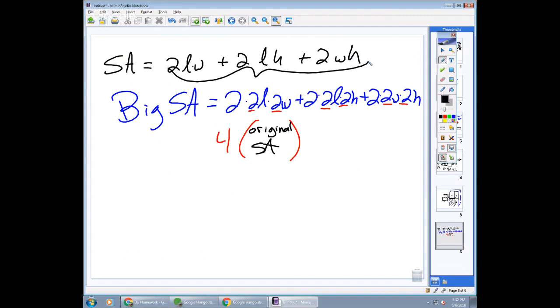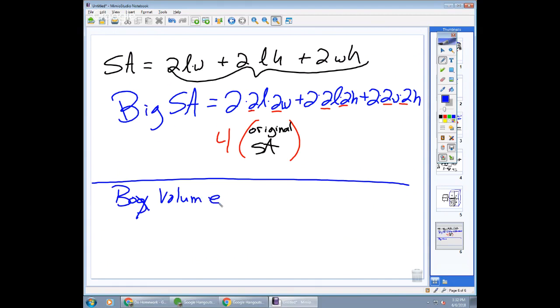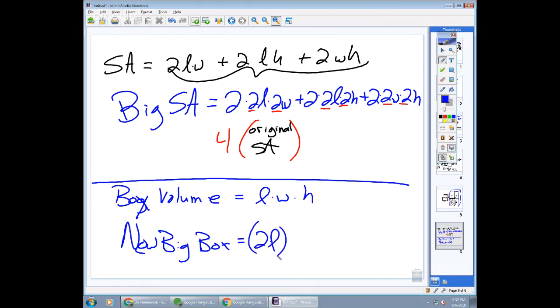The volume is kind of easier to look at because volume is easier to calculate. Here for a box, box volume is just length times width times height. For our new big box, we're going to have twice the length times twice the width times twice the height.